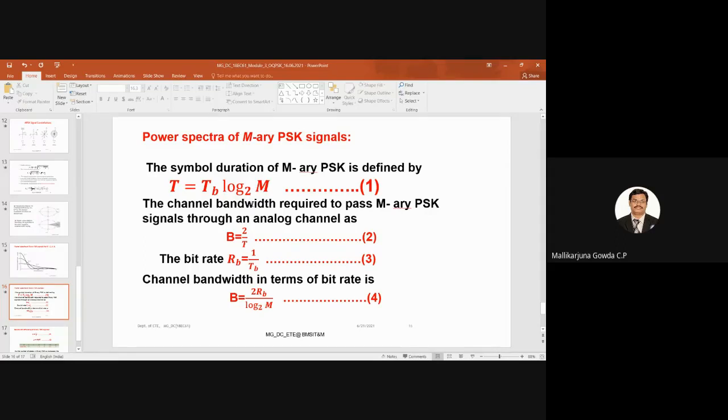If the value of m is 2, it is a BPSK, right? So what is log 2 with base 2? Quickly, is it possible to say log 2 with base 2?